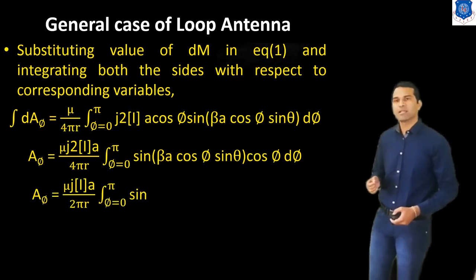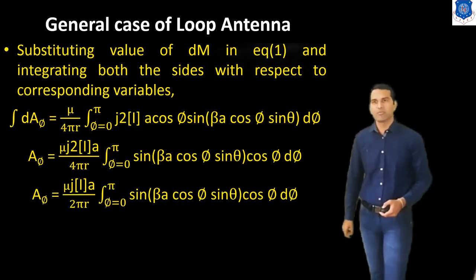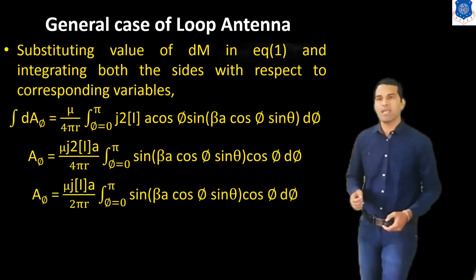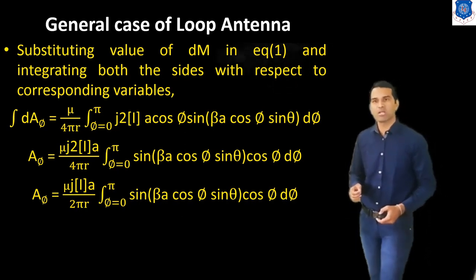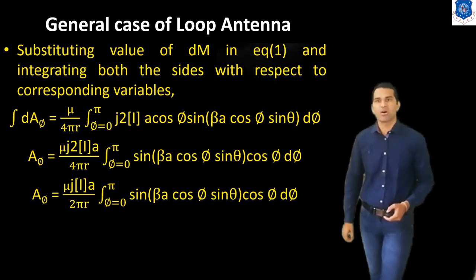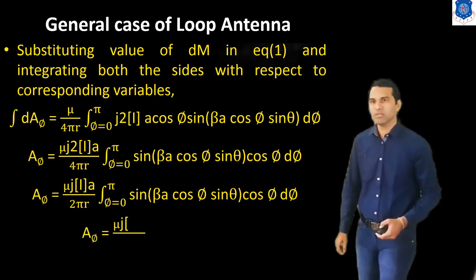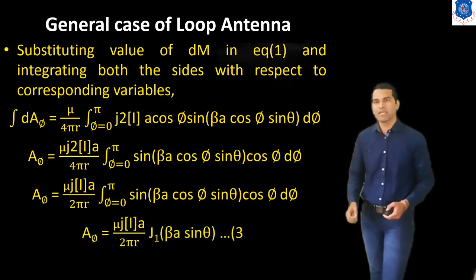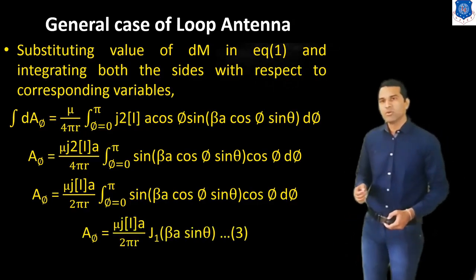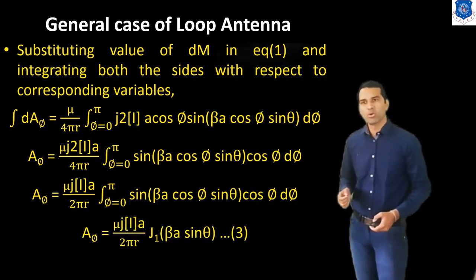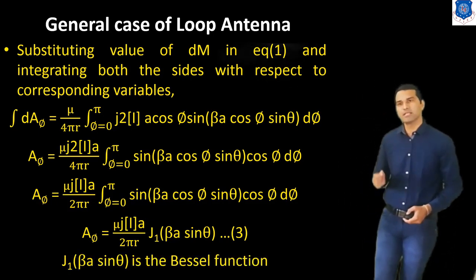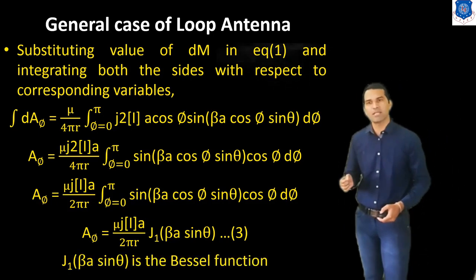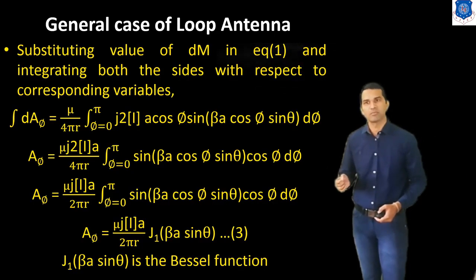Solving, A phi equals mu j I a upon 2 pi r times J1 of beta a sin theta, where J1 is the Bessel function.